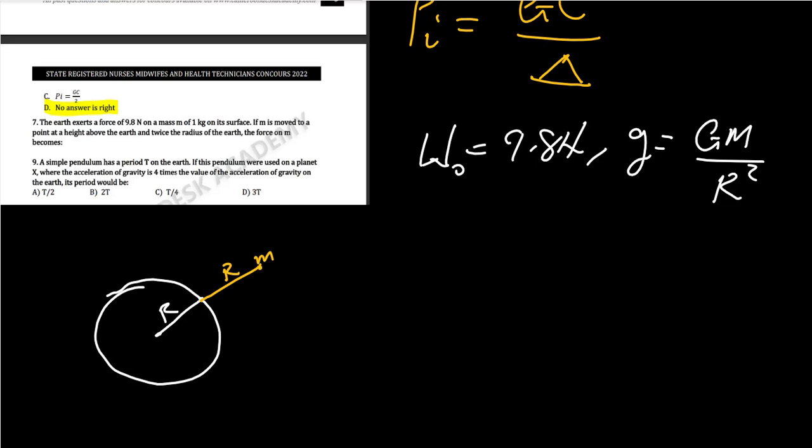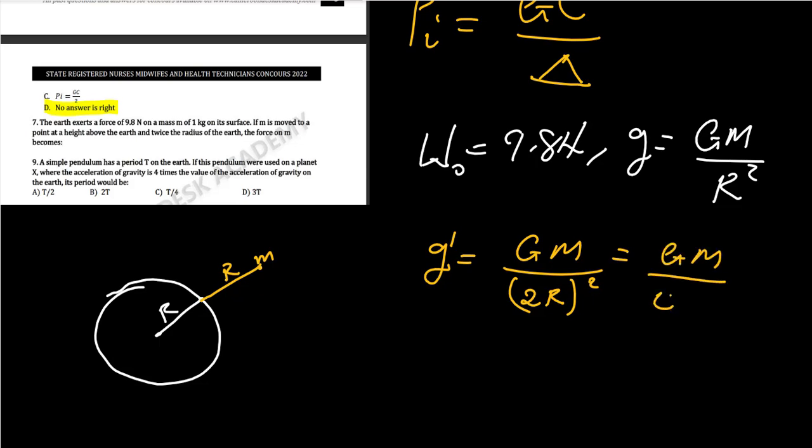So the expression of g, let's call it g prime, at that height will simply be GM divided by the new distance 2r, all of that squared. So this will give me GM divided by 4r squared. But GM all over r squared initially is our g. So let me call it g naught, and I'll call that W naught. So it means g prime will simply be equal to g naught divided by 4.